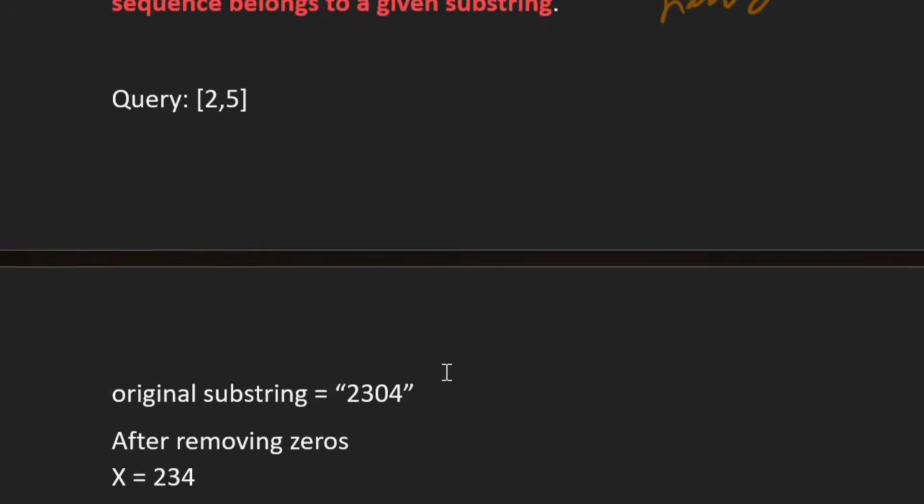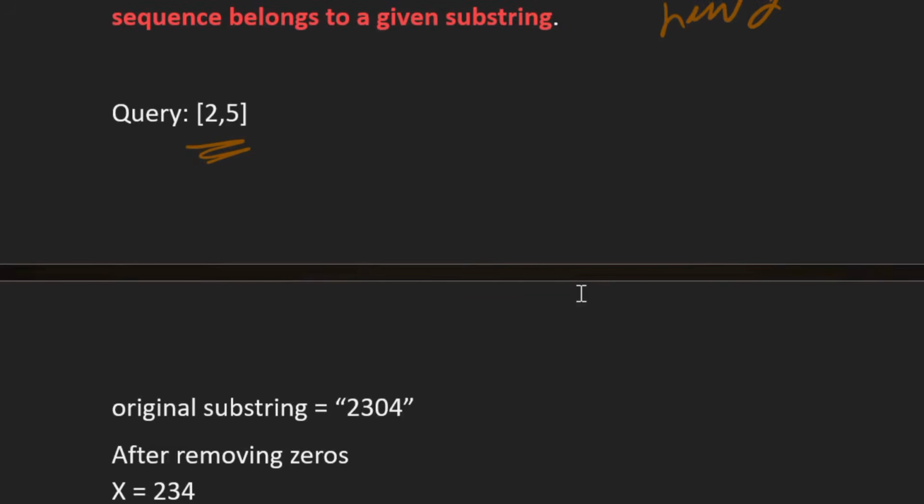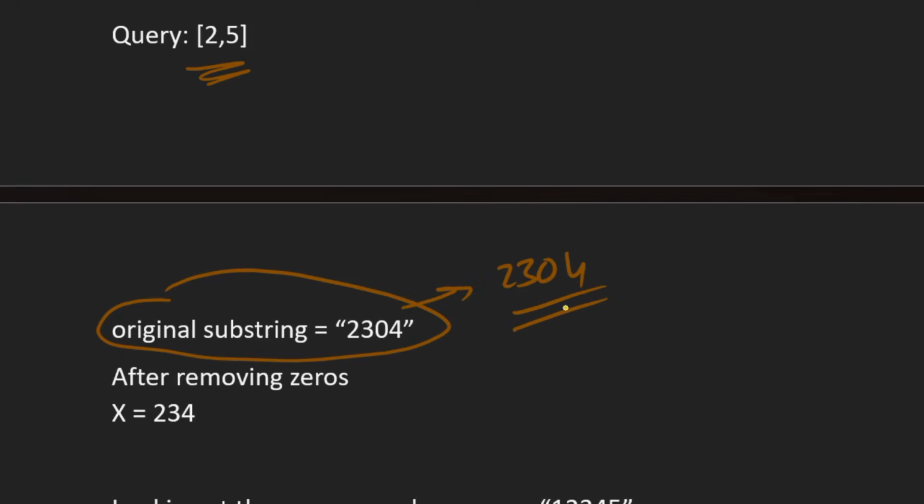So let's say our query is from 2 to 5. That means from the original string, the substring is 2305. But after removing the zeros, our x will be 234.